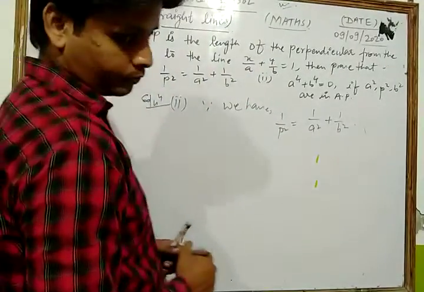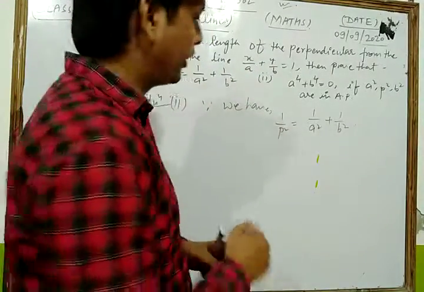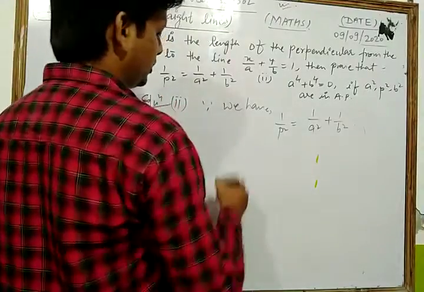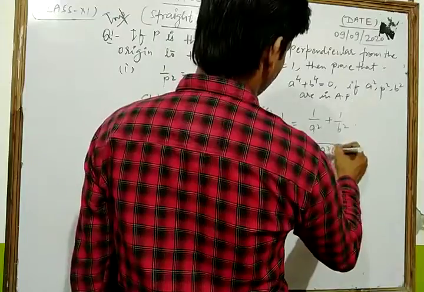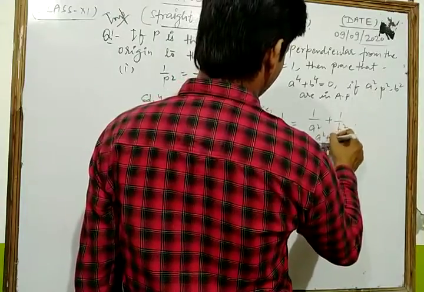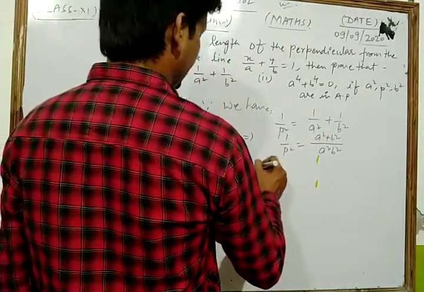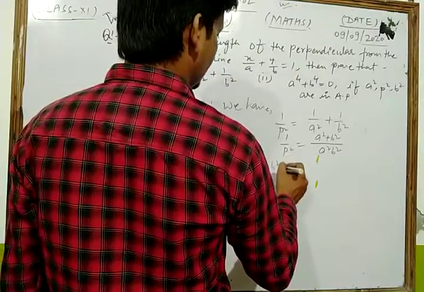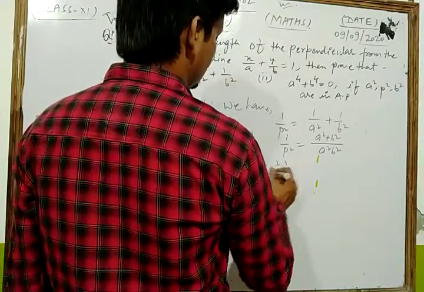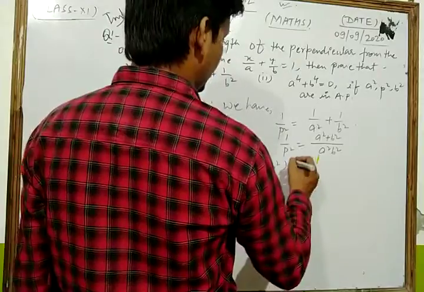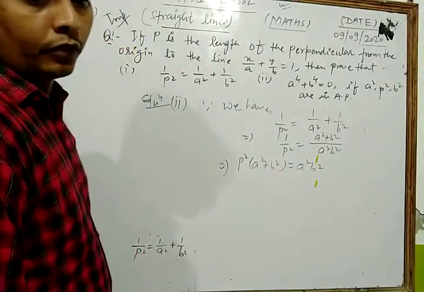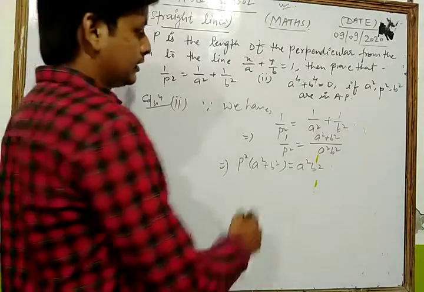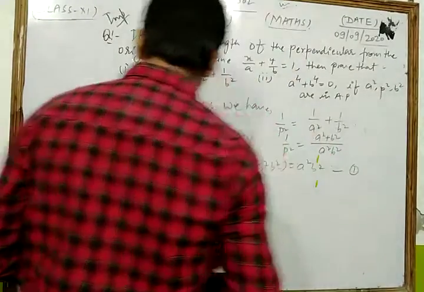Now, dear students, first we take the LCM. We take the LCM as a square b square, so we get a square plus b square into p square is equal to a square b square. We get this result. We take it as equation number 1. Now let's see.